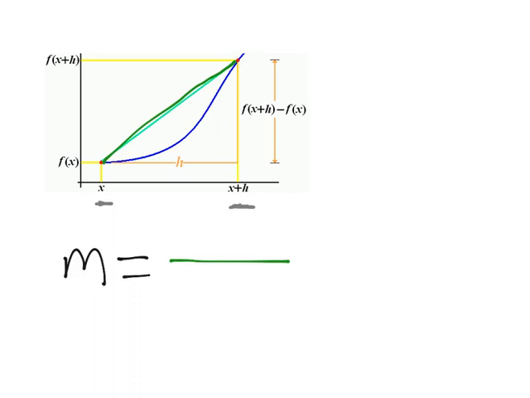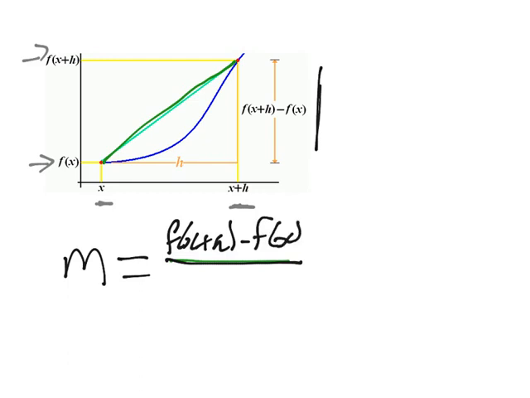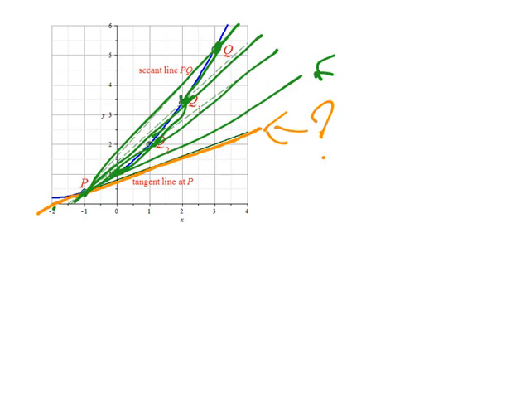To find out what these values are, we just substitute the x values into the formula. So the rise is f of x plus h minus f of x, and the run, of course, is h.